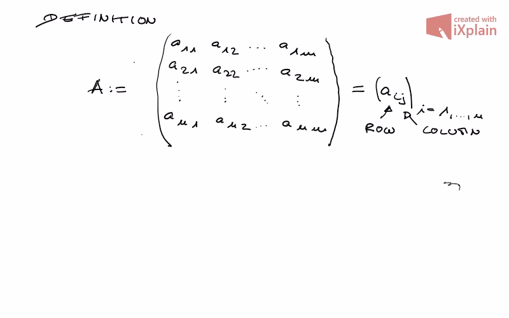That means that there are n rows, and j goes from 1 to m, so there are m columns. A matrix always has n rows and m columns. For a specific matrix, for example the matrices that I wrote up before, as a little quiz: how many rows does this matrix have?